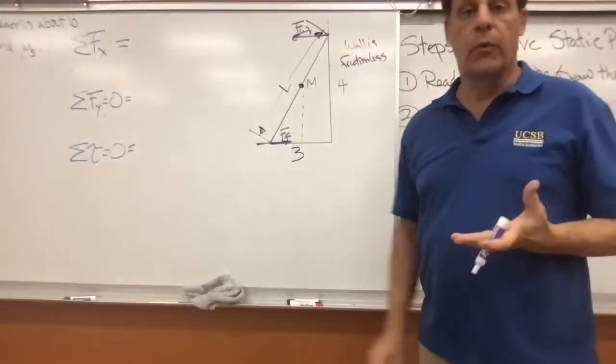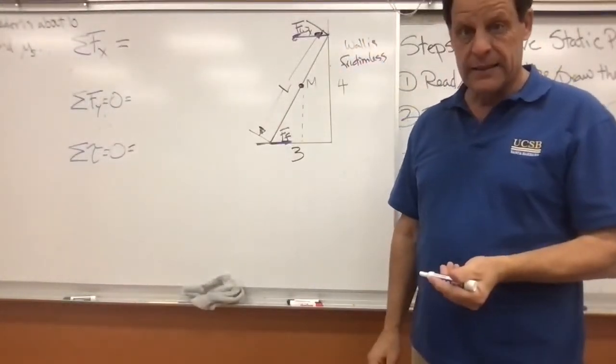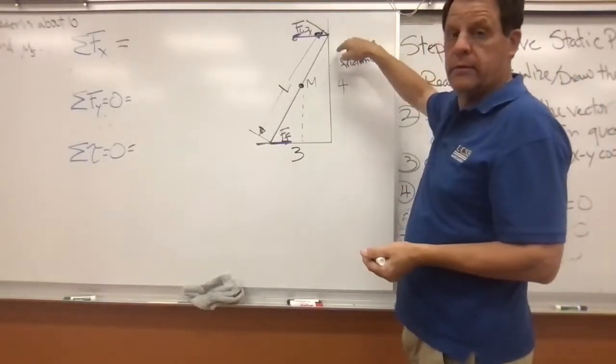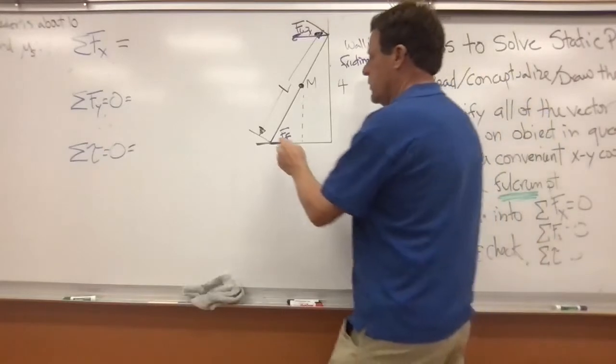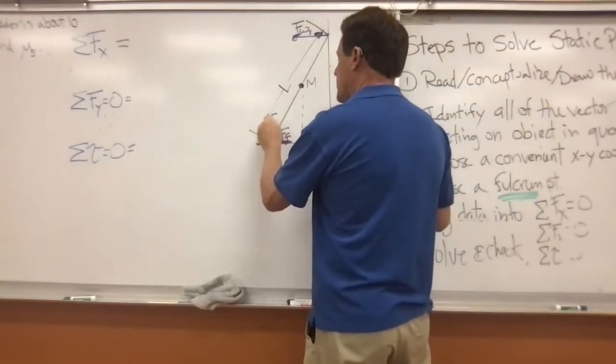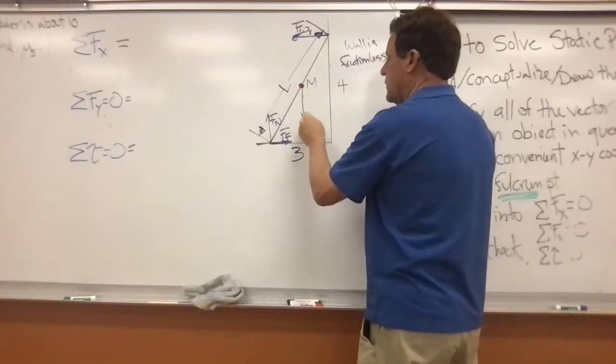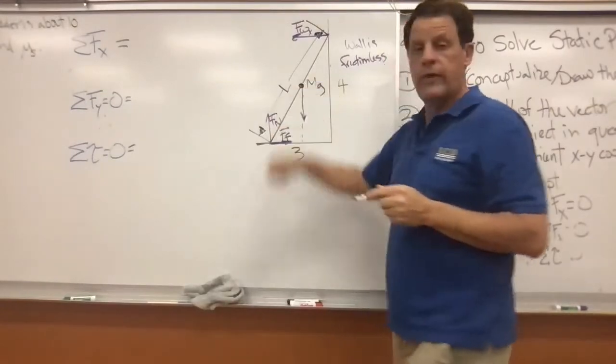So if the wall is frictionless, then there's no y component. We're also going to have a normal force, and a force of mg.